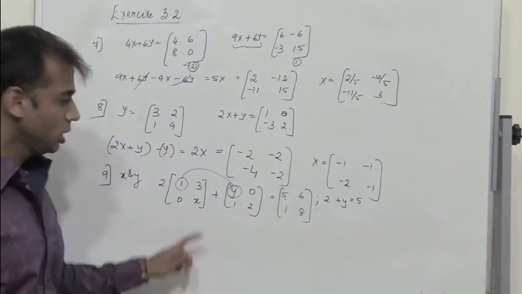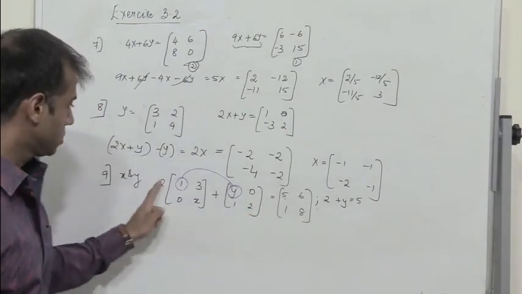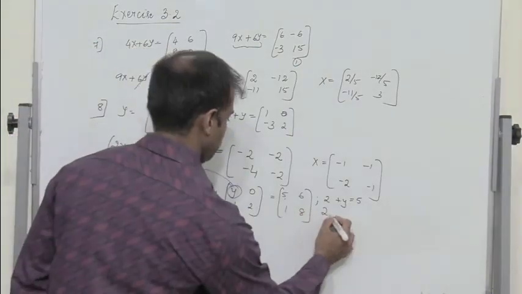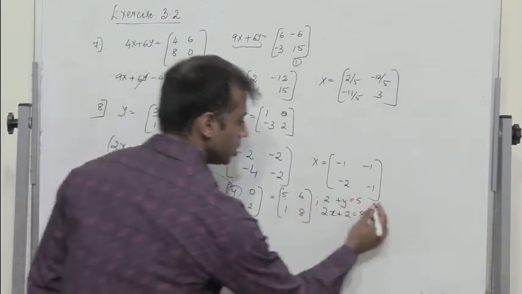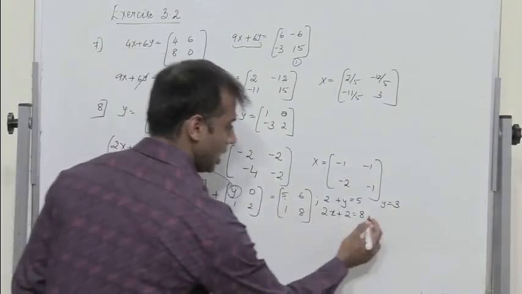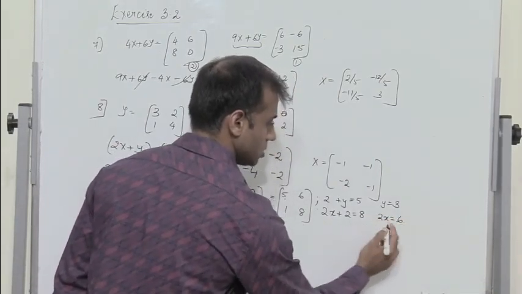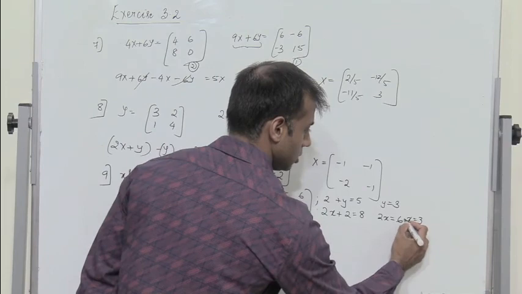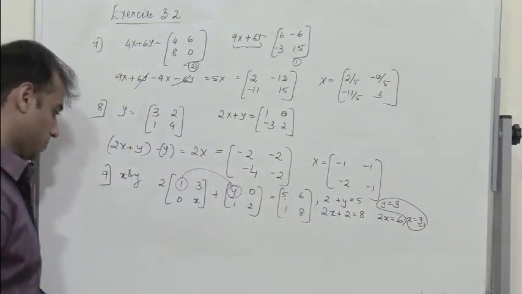So x plus, so here we have the corresponding element here, x plus 2 equal to 8. So 2 into x plus 2 equals 8. Okay, so what is y? Y is 5 minus 2, which is 3. And what is x? So here I have 2x is equal to 6, or x is equal to 3. So x is equal to 3 and y equals 3.